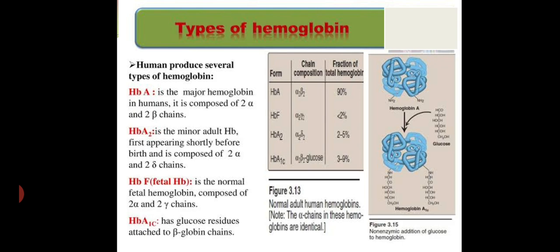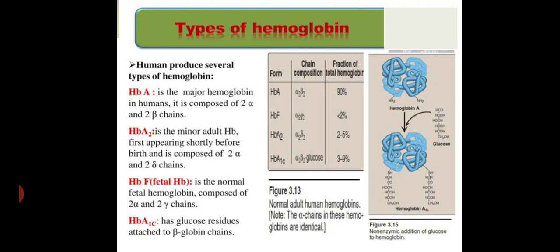Next is hemoglobin A2. This variant form of hemoglobin contains 2 alpha chains and 2 delta chains instead of beta chains. The 2 delta chains contain 146 amino acids, but 10 of them differ from the normal beta chain.